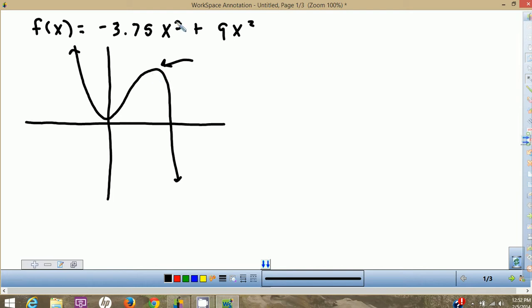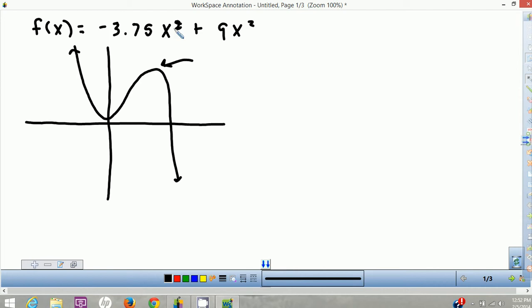So if I'm looking for the value right there, let's do that on our calculator. We do second calc maximum, and it gives me x equals 1.6, y equals 7.68. All right, well, what does that tell me? Well, my x value in my function was my height.